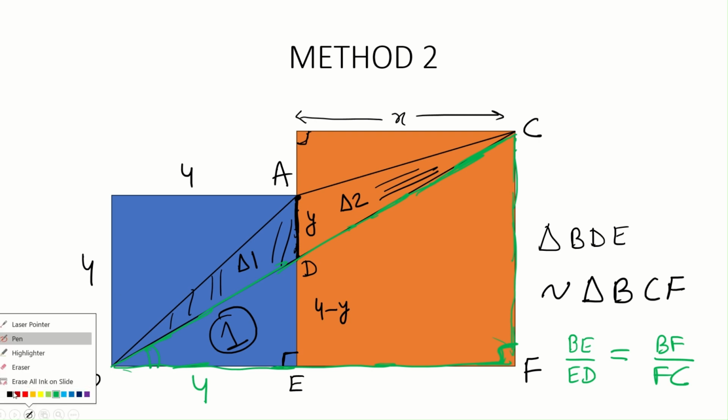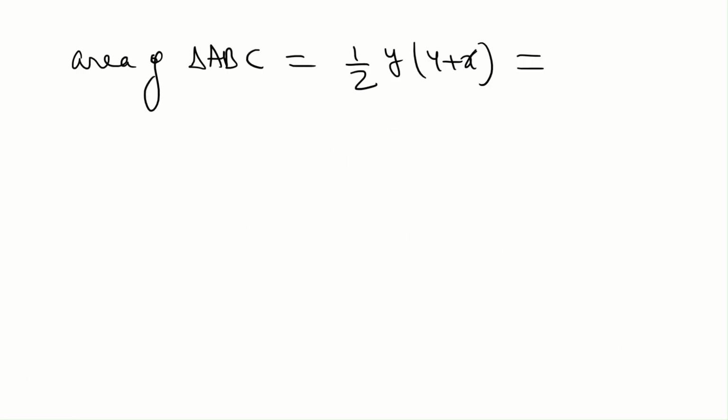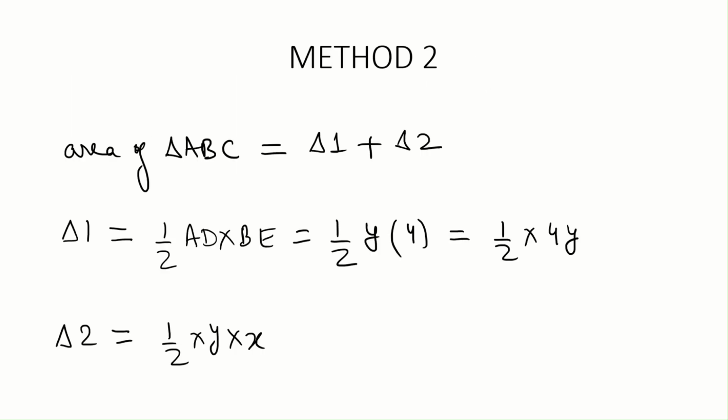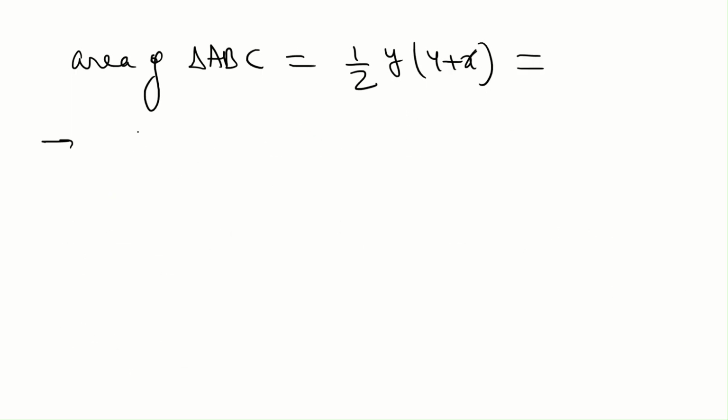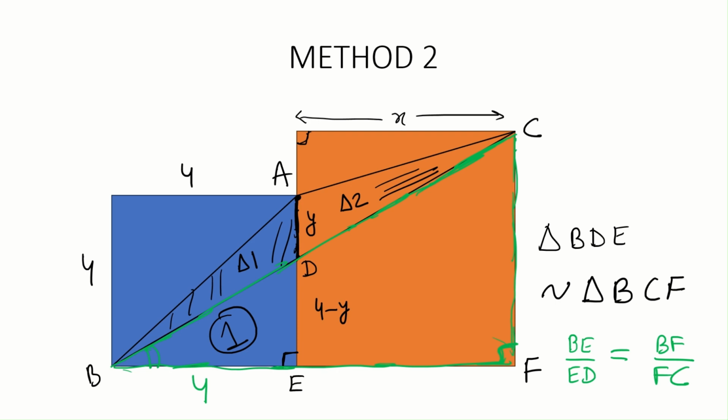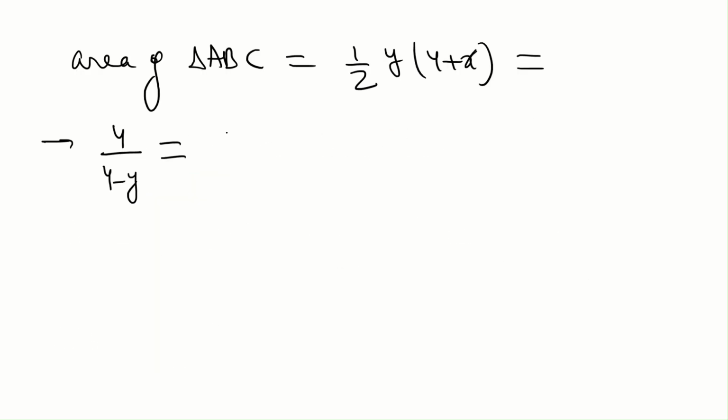And we are going to use this concept. So we have the ratio of these two sides, BE divided by ED. BE is 4 units and ED is, I think, 4 minus y. This is coming out to be equal to BF divided by FC. The value of BF is going to be 4 plus x. So this is 4 plus x divided by x.